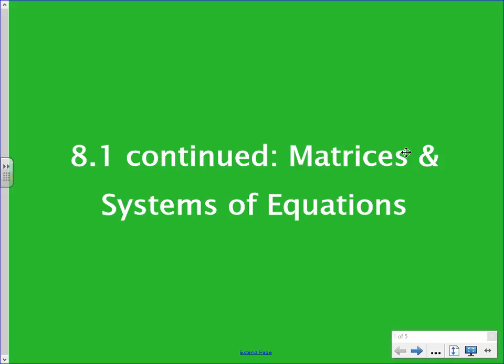So if I give you a three variable system of equations, we can write it as an augmented matrix, and we can perform our elementary row operations until we reach row echelon form, and then we can easily solve for x, y, and z with very minimal effort, right?